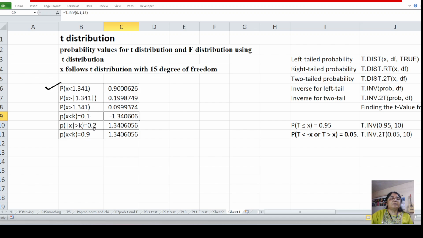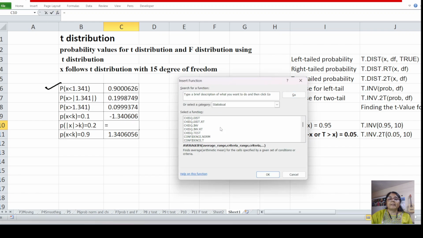Now we will find it for this value, right? The probability is approximately 0.1998, we can consider it as 0.2. So we will go to fx, t distribution, and since it is two-tail, we will consider inverse two-tail. We are finding the value of k here.